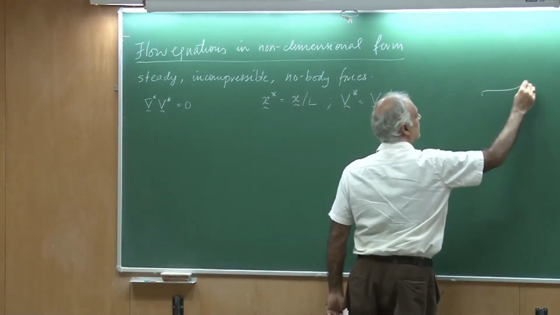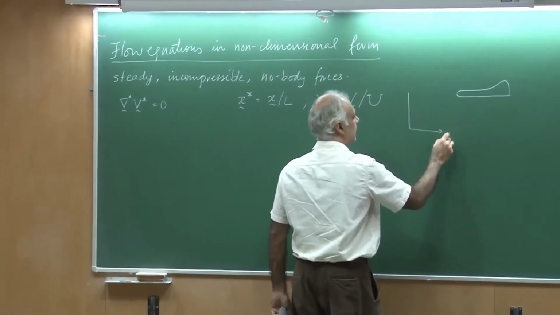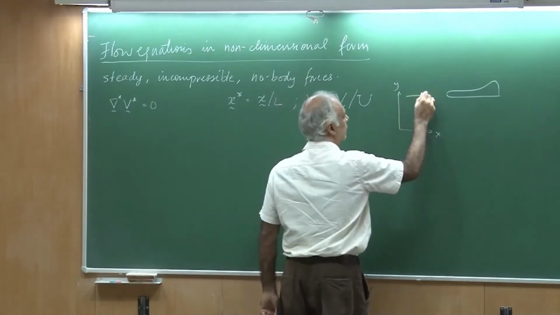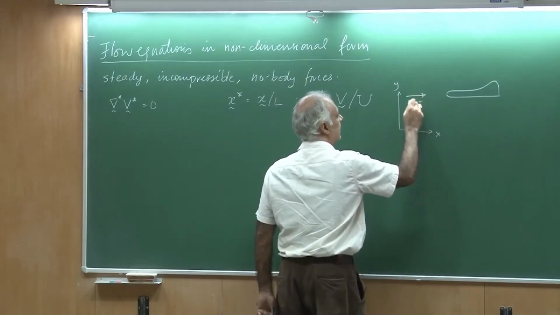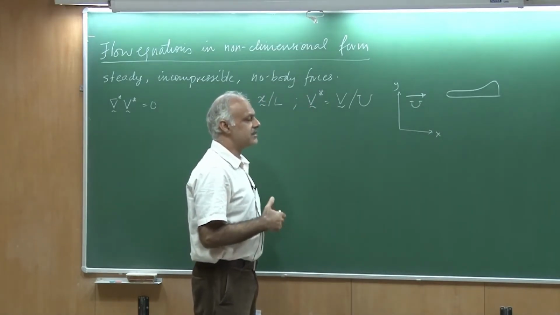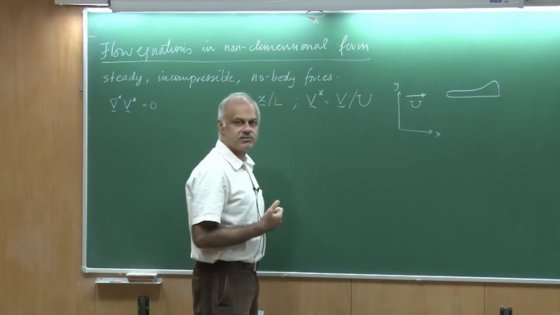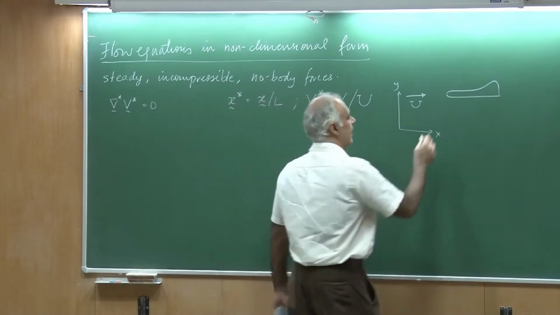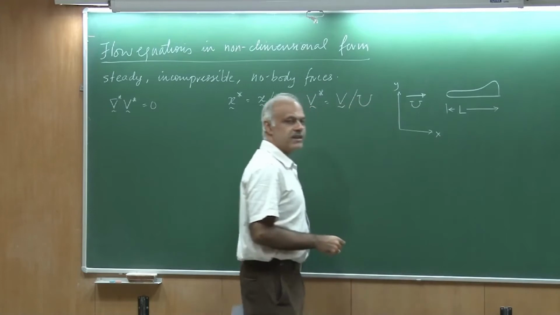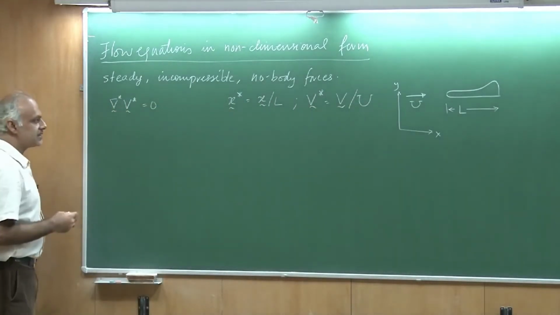So the idea was that there is this aircraft, we are in this frame of reference xy, and the flow comes to the aircraft at a speed u. Okay, so you can imagine that we are sitting on the aircraft as an observer, and the flow is coming at us with a free stream speed of u. And we also talked about the characteristic length being the length of the aircraft.